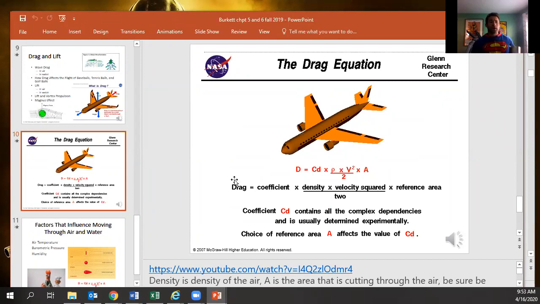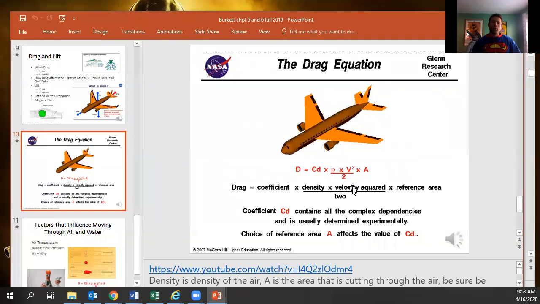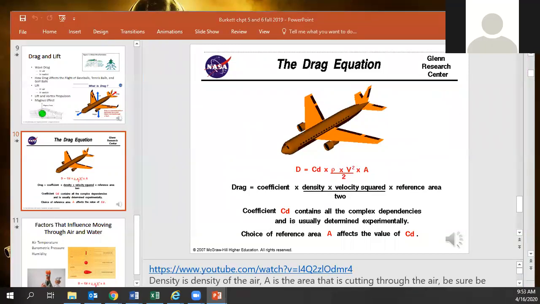So now what do you think is going to happen to velocity? Is it just going to increase by 1? Yeah, well, I'm talking about the square root of 1. Just notice this velocity squared. Okay. Yeah.